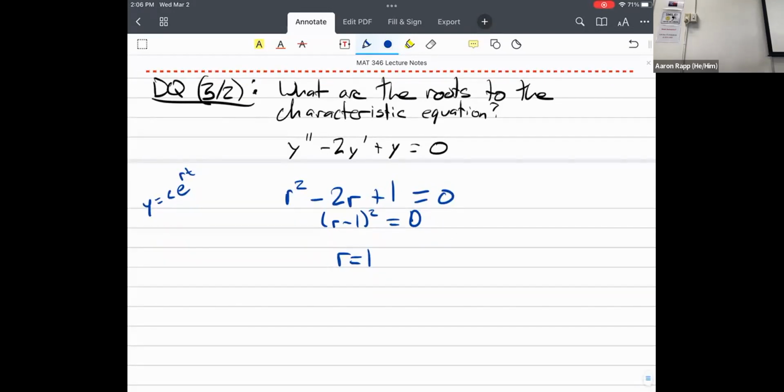And then we weren't asked this for the daily quiz, but this just tells me that the solution to this differential equation, because it's linear, second order with constant coefficients and homogeneous, is some constant times e to the rt.